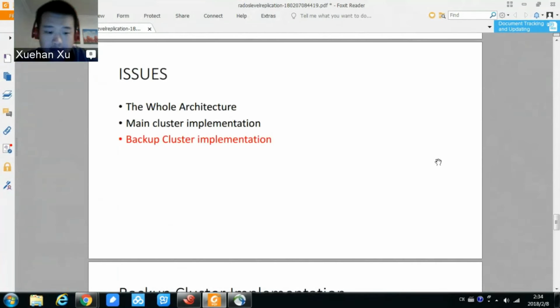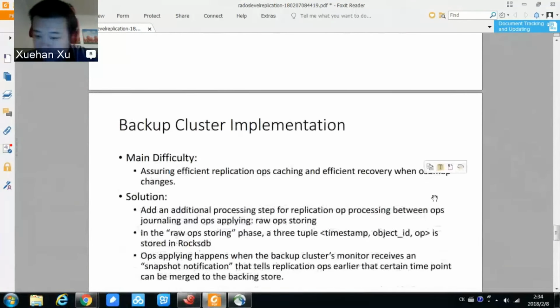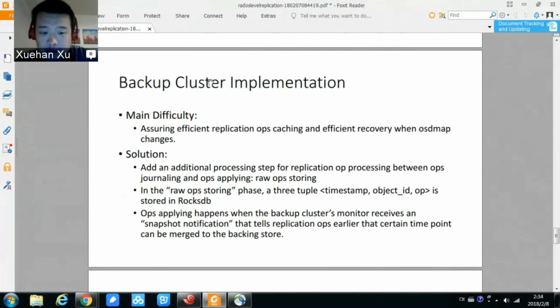Okay. And the last part of my sharing is the backup clustering implementation, and we think the main problem for this part of replication is that we have to make sure of efficient replication ops caching and efficient recovery when the OSD map changes.